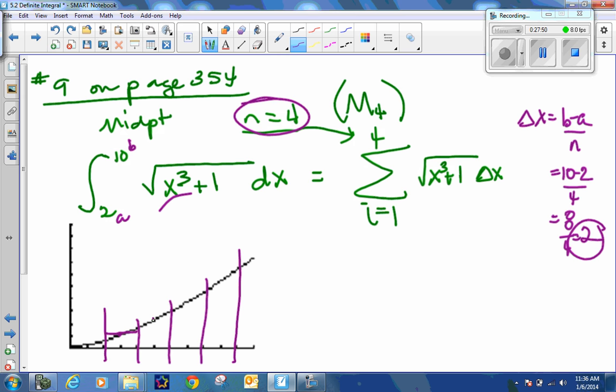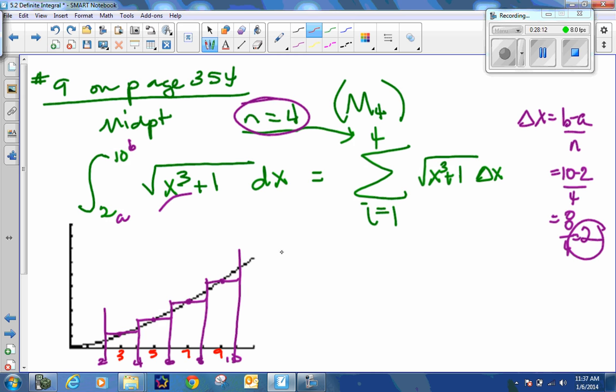This is our height, this is our height, and this is our height. This is 2, this is 10, 4, 6, 8. So our midpoints are 3, 5, 7, 9.